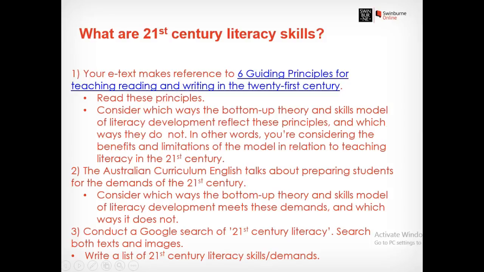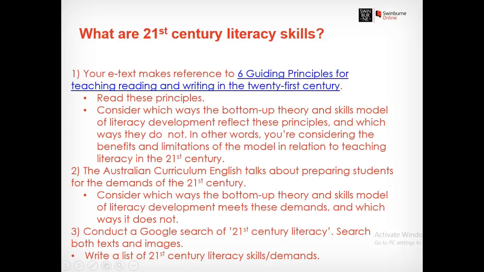The purpose of doing this is that you're essentially getting additional evidence that you could use in your essay to argue why a particular model reflects the overall objectives of the Australian curriculum and preparing children for the 21st century.